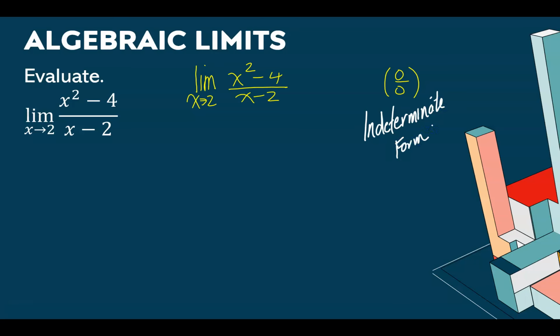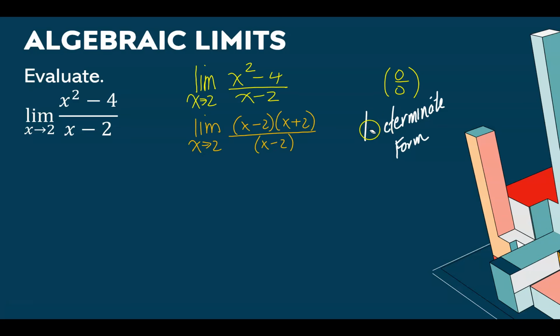And that means exactly what it sounds like. In this form, we cannot determine what the limit is. Sometimes 0 over 0 is 4, like it's going to be in this case. Sometimes 0 over 0 is 1. Sometimes 0 over 0 gives us a limit that does not exist. All kinds of different things, right? We don't write that down, but we should always check.